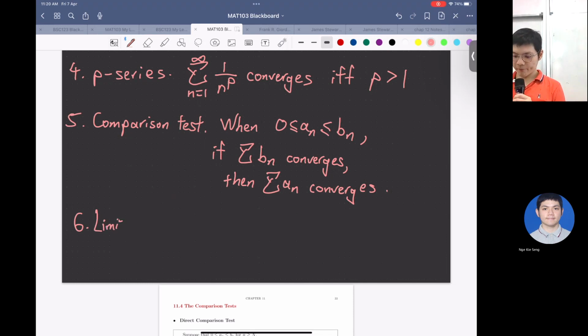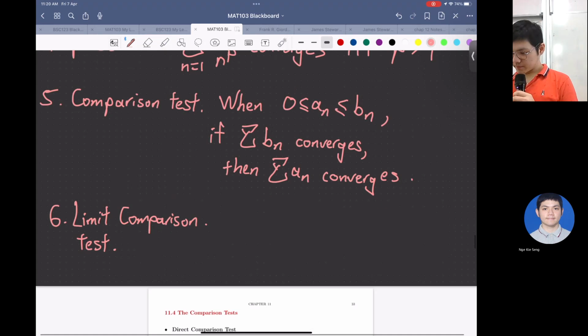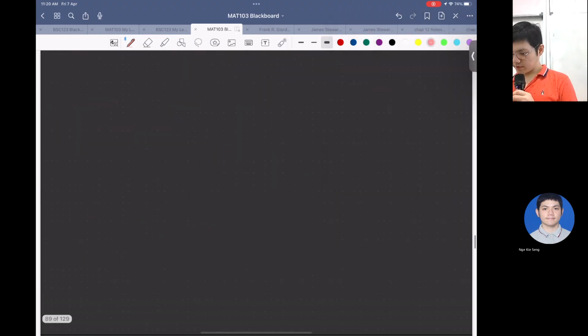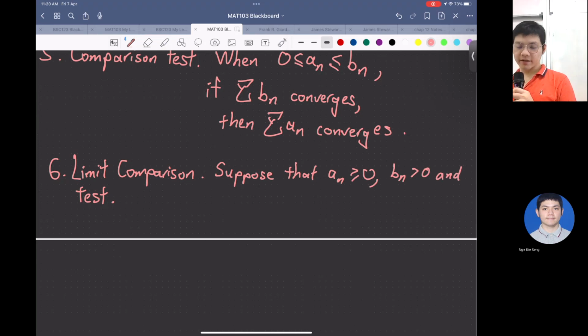The limit comparison test. What's the limit comparison test? We also start with two sequences, An and Bn, and we want one of them to be strictly positive.